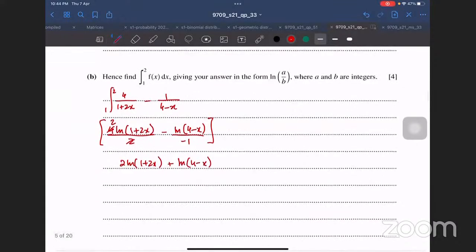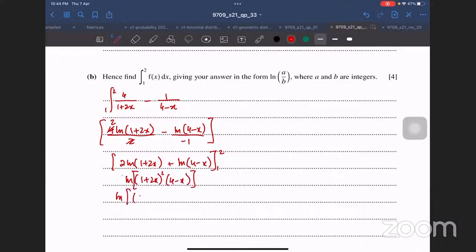Okay. Then applying the limits 1 and 2. Either I can first combine these as well and then apply the limits. I think it's easier if I combine these first and then apply the limits. This becomes ln (1 plus 2x) squared into (4 minus x). And then I need to apply the limits.